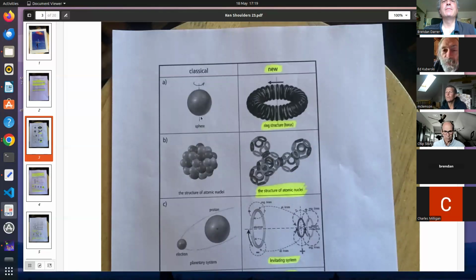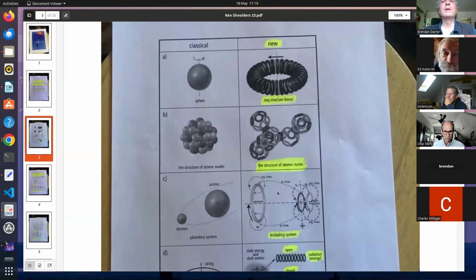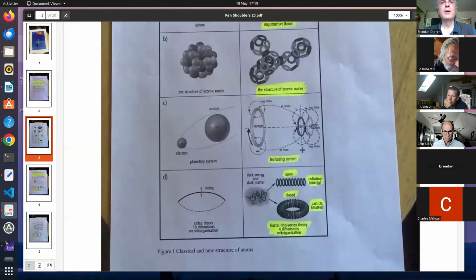There we see some images: sphere, ring structure, torus, the classical and the new structure of atomic nuclei, and then the structure of atomic nuclei in the new way of looking at it. Classical shows a planetary system. The new shows a levitating system.